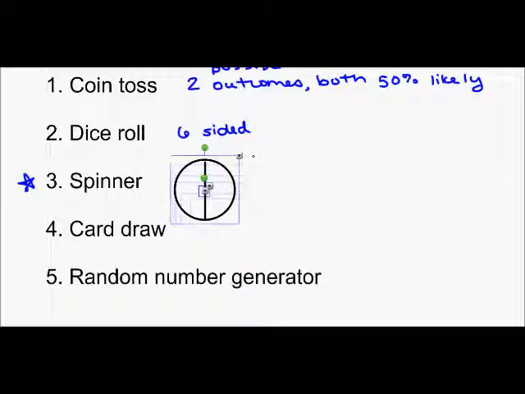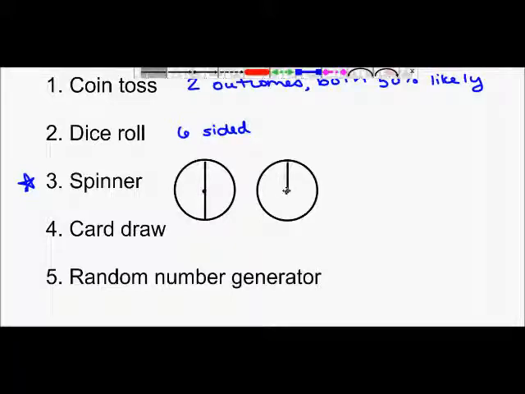You could also have it split into thirds, or if you have a much greater likelihood of one outcome than the other, you could do an uneven split, and that's really nice about this.